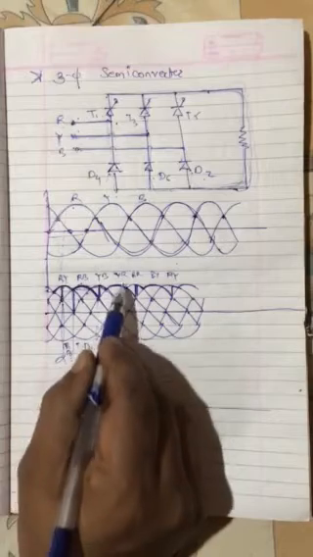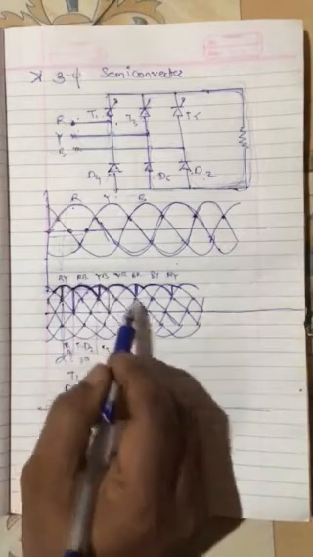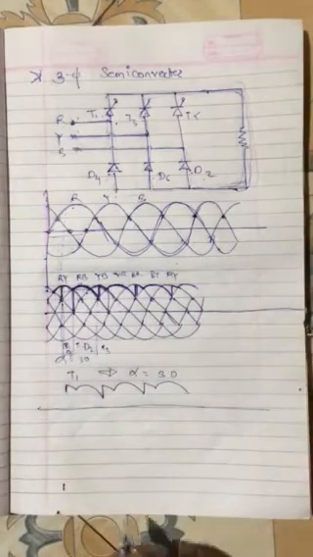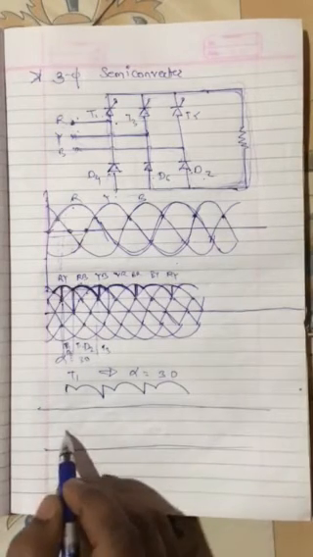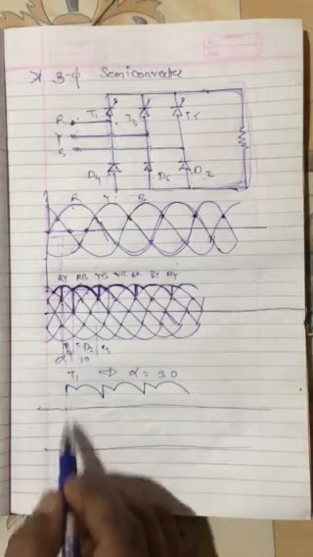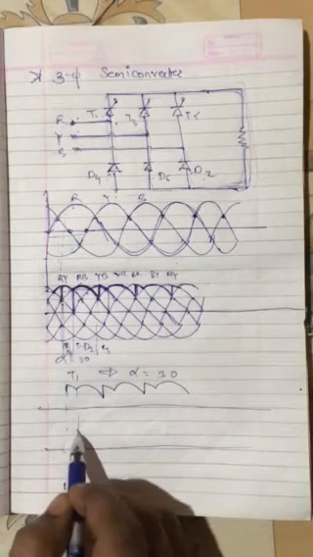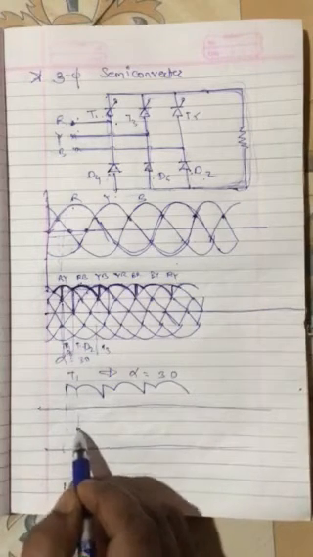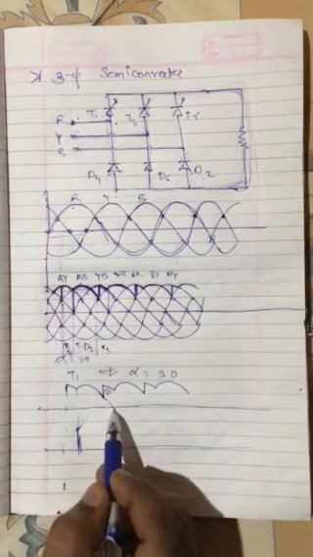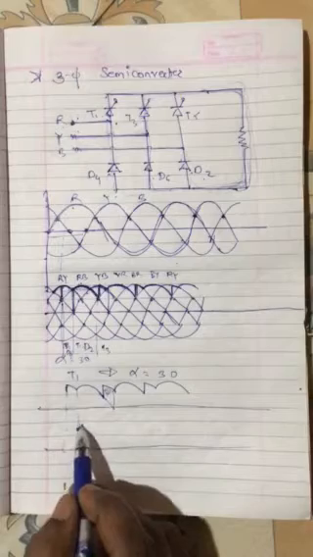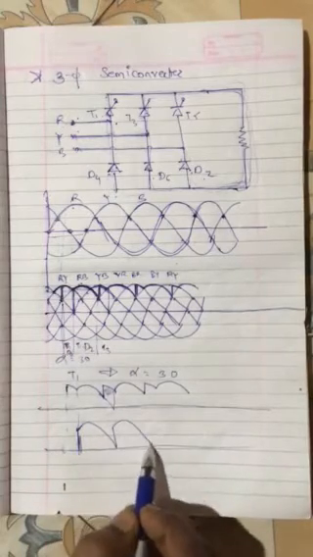Okay, then we will give a firing pulse to this particular thyristor, then from here it will start conducting. So I can see the output waveform is, this was a 30, no, this was a 60. So from here it will start conducting, then this part will not be in the picture, it will continue to conduct till here, and from here another part will start like this.